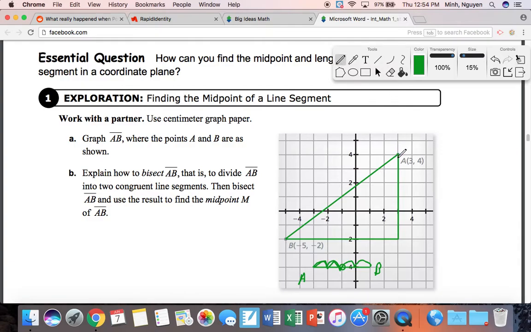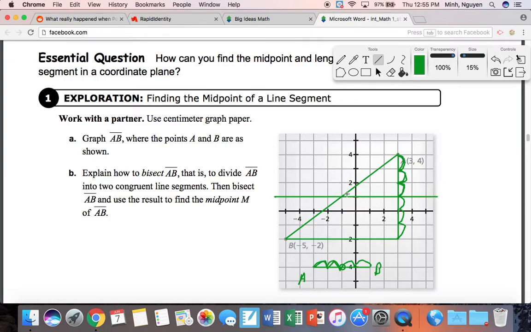Vertically, there's a distance of 1, 2, 3, 4, 5, 6. Half of 6 is 3, so I'll go down by 3. So I know that the middle is somewhere along here.